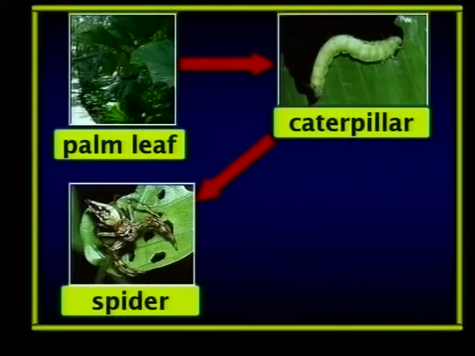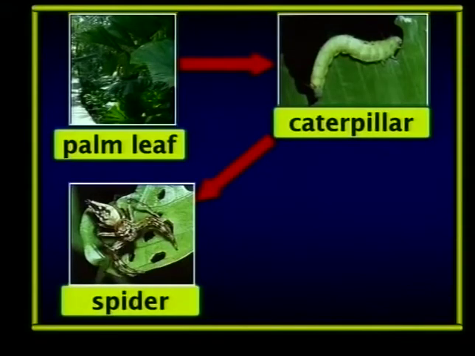Who can tell me which is a producer, a herbivore, and a carnivore? Abby? Producers are the palm leaves. Herbivore is the caterpillar and carnivore is the spider.